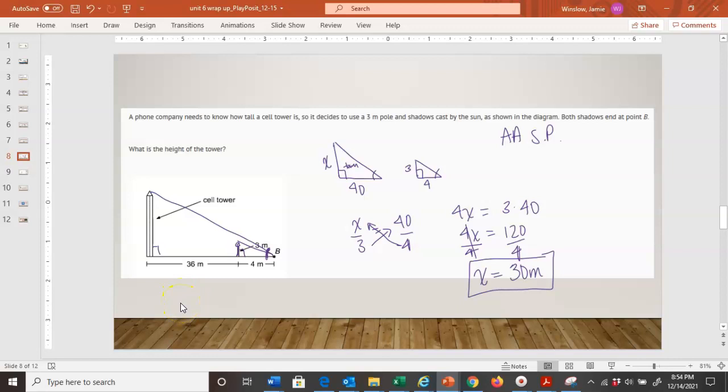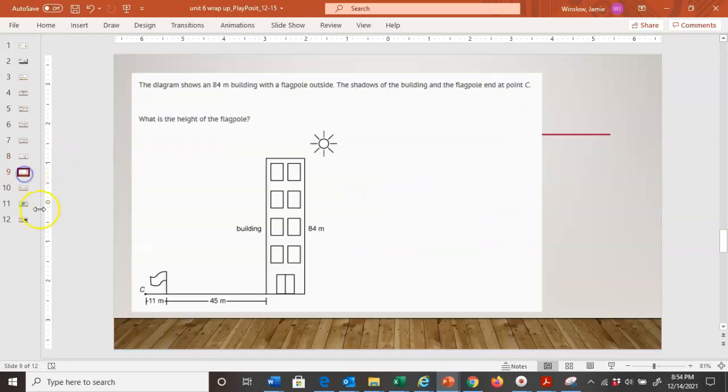In real life, not just phone companies, but also land surveyors. My dad has a device that actually surveys the land that he's going to build homes on, and he can find the height of trees many, many miles away. He can find the height of mountains. It's really cool. So there are various uses for these similar triangles in real life for sure.